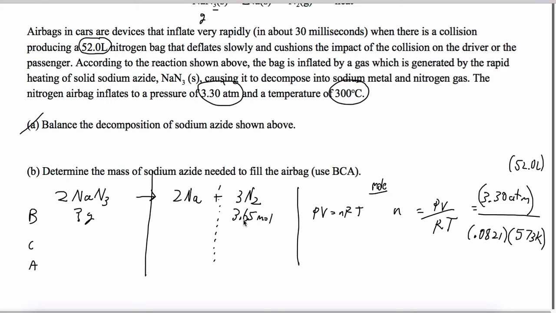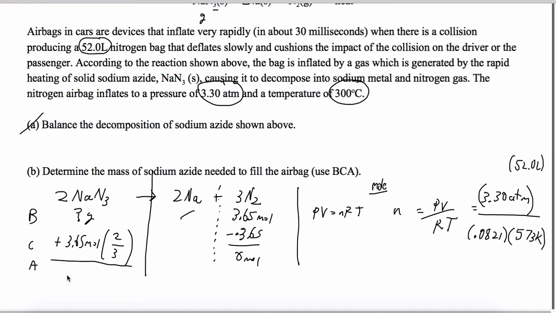Okay, so we're going to use this then as our reference. We don't really care about the Na in this case, so I'm going to subtract 3.65 here, leaving us with 0 moles there, and I'm going to add 3.65 moles here, but I got to multiply it by that reference in this case. So the relationship is 2 divided by 3.